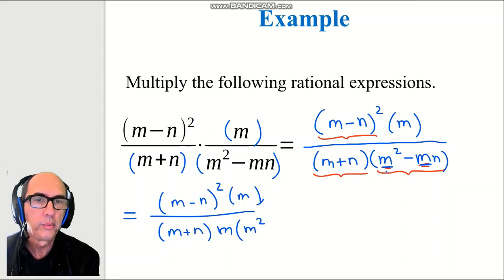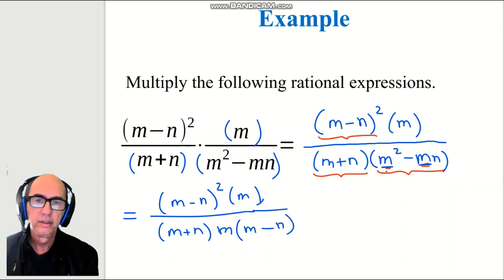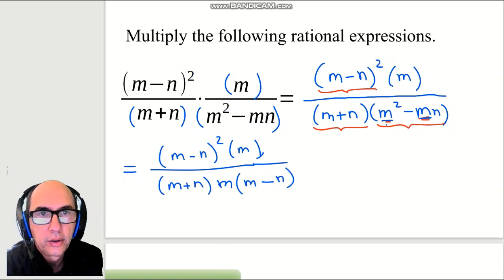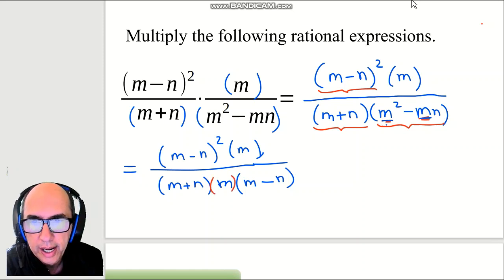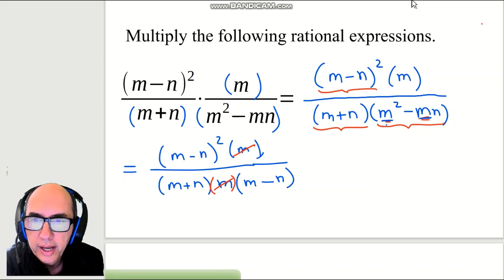No, it's not squared anymore because we factored out m minus n. Now check what you can cancel out with the factors that are the same on the top and the bottom. Of course, m is the same. Anything else? Yes, we have m minus n. We have m minus n.